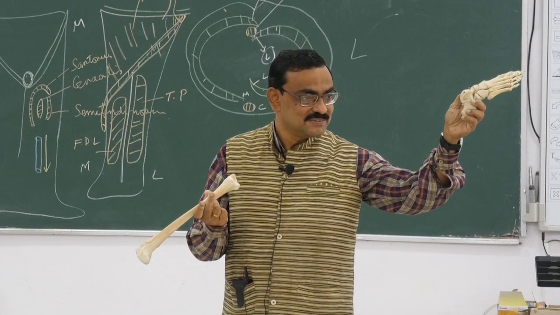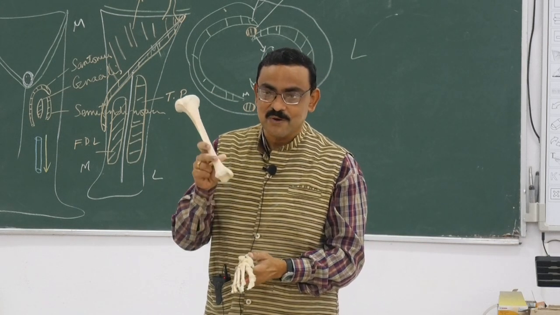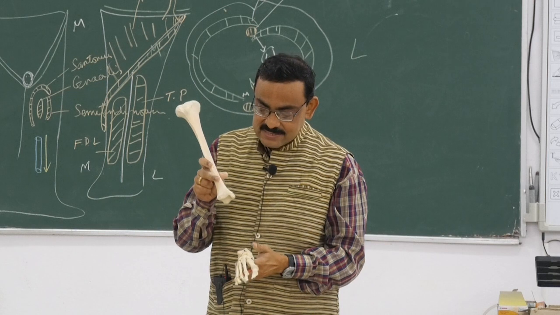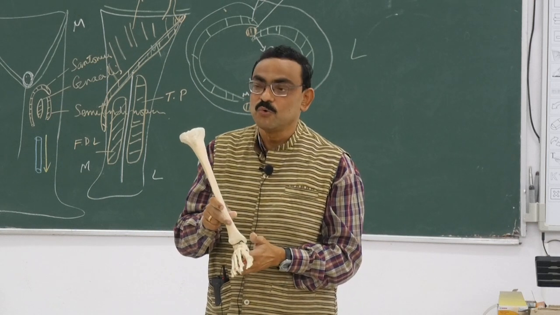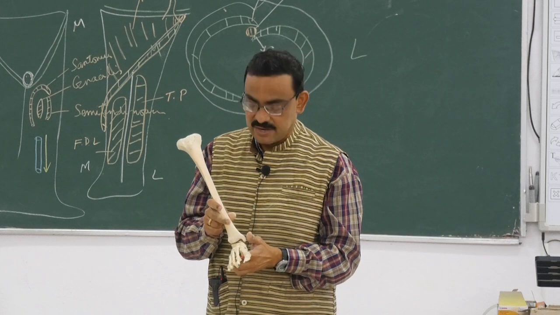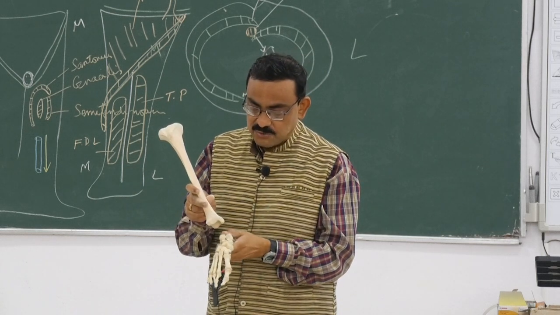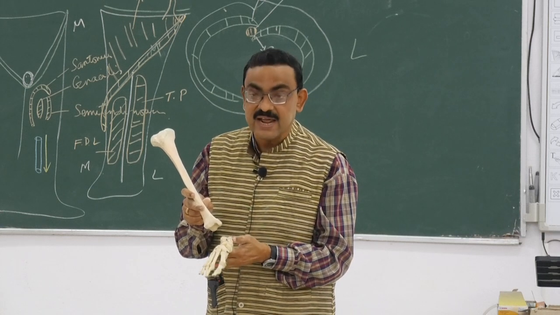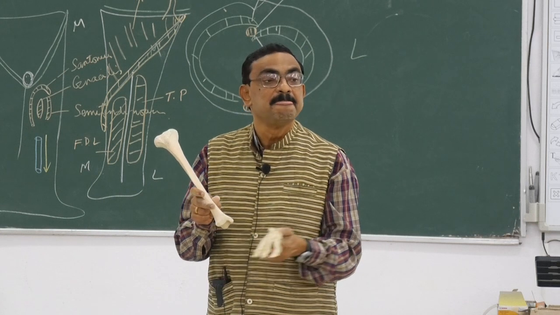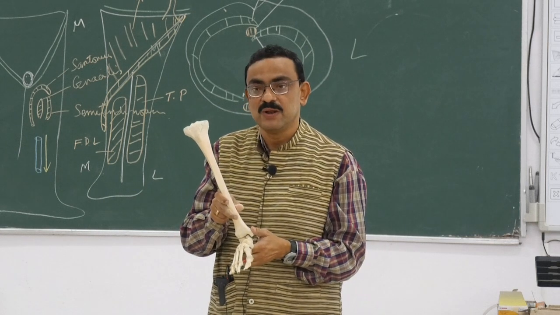So this is the talus, and this is the leg, called crura. The talocrural joint is the ankle joint. The lower end articulates with the superior articular surface and the medial articular surface of the talus to form the talocrural joint.